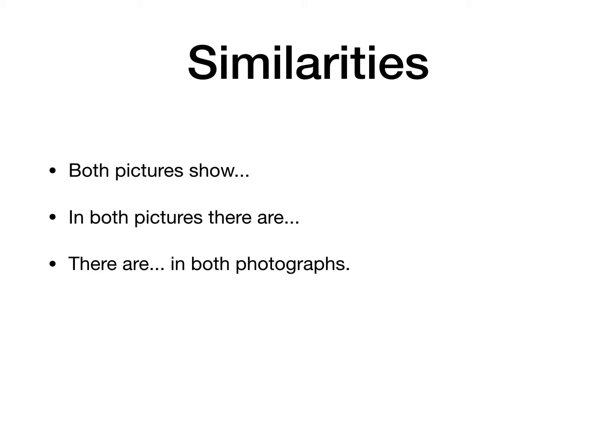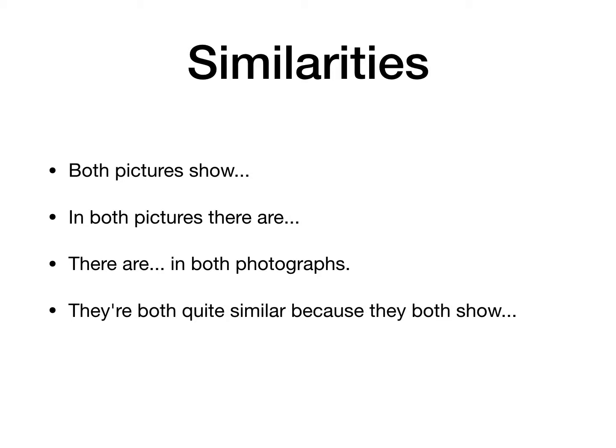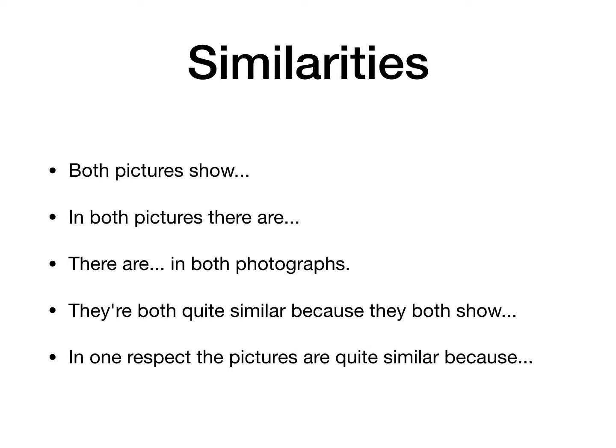But let's move on to two slightly more complex phrases. So for example, they're both quite similar because they both show. So this is a way you can talk about similarities between two photos. It's a bit more complex phrase, but it's still saying that both pictures show. In one respect, the pictures are quite similar because. Now we can adapt this phrase a bit.